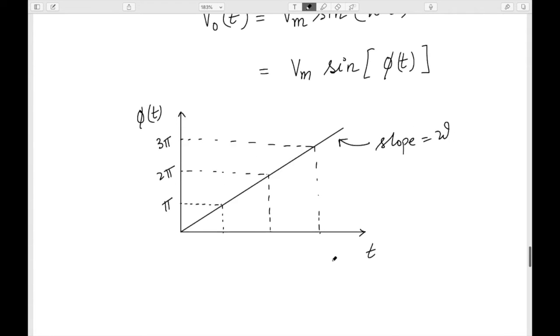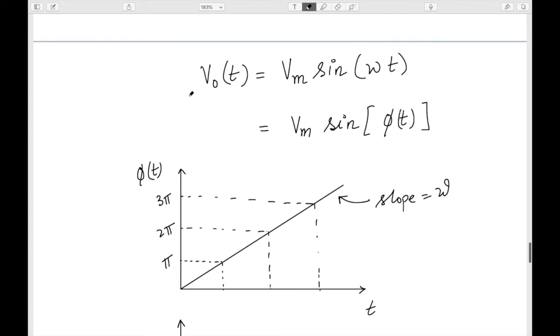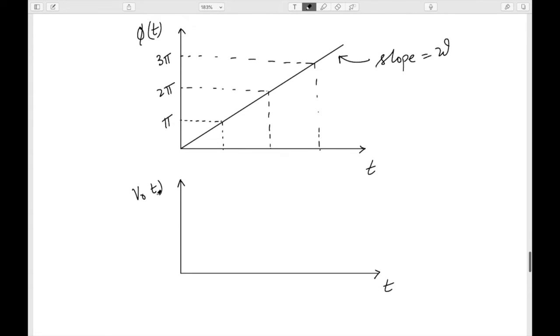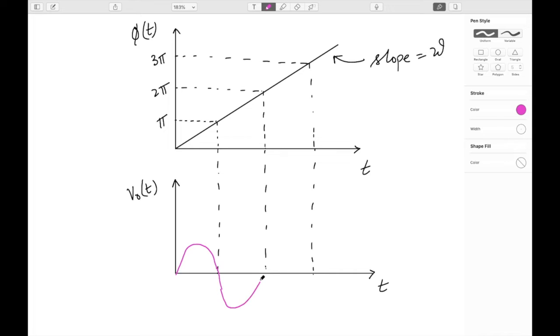And if you see exactly how V naught looks with t, it's just a simple sine wave, whatever we have learned in maths. It's not a big deal, but this is how you should visualize it. I have a sine wave that V naught is generating, with the corresponding 2 pi period.